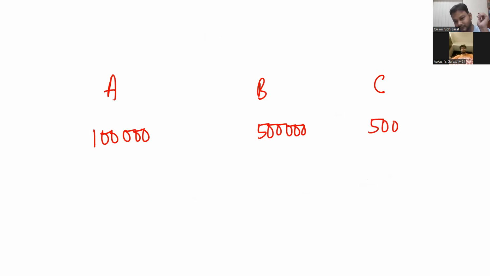There is A, there is B, and there is C. All three of them are salaried employees in private companies. But this one is earning only, let's say, 1 lakh rupees. This one is earning 5 lakh rupees. And this one is earning 50 lakh rupees.